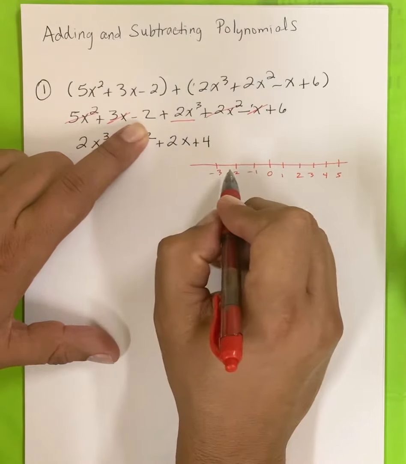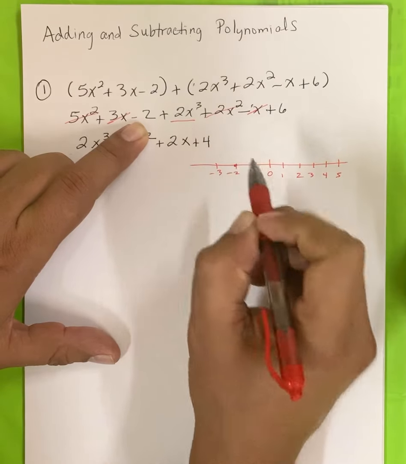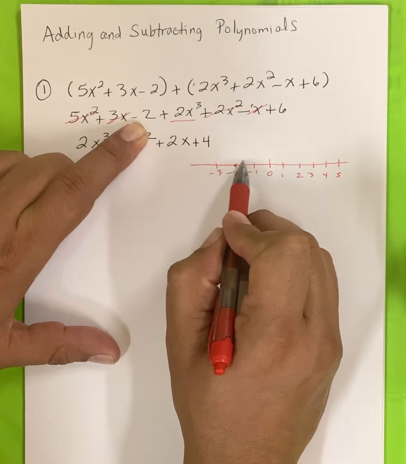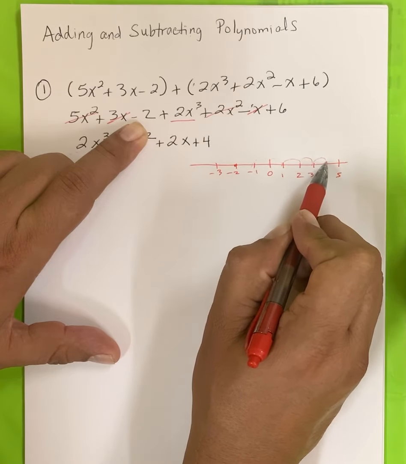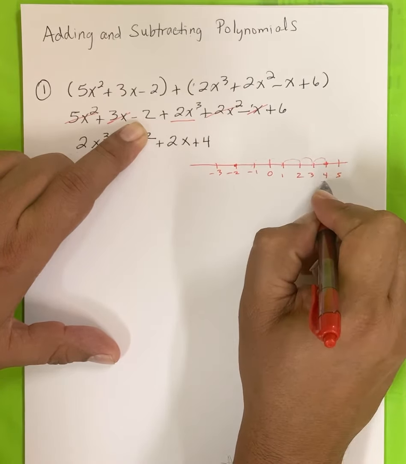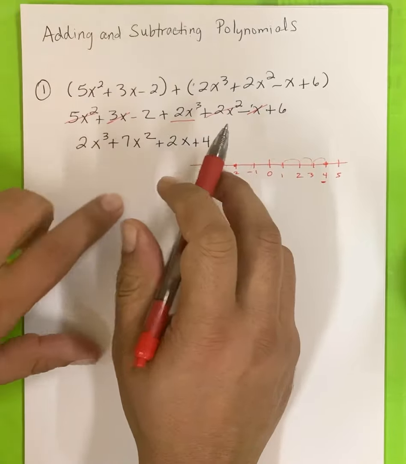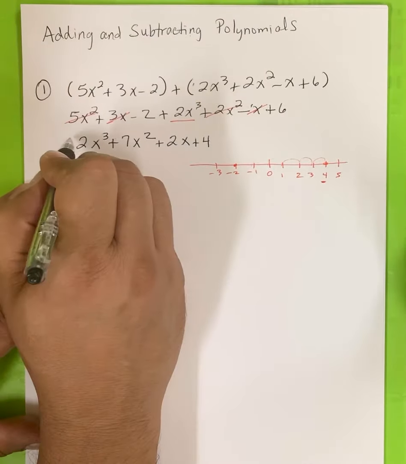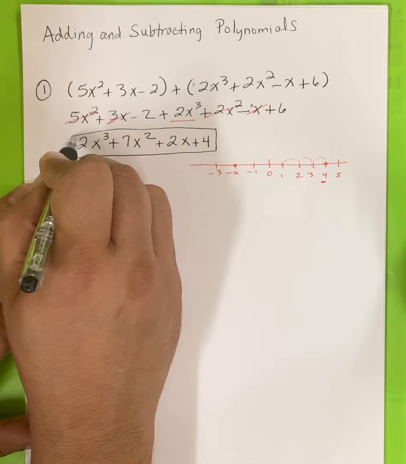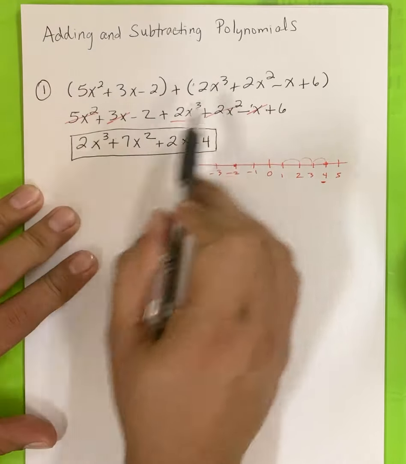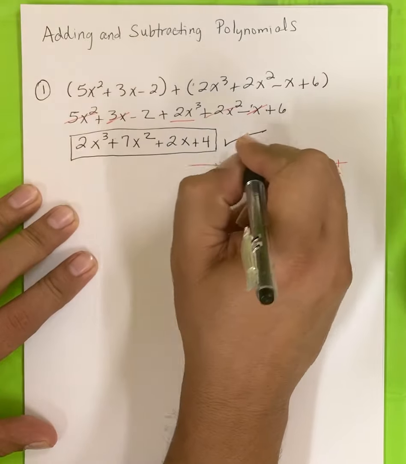If we have negative 2 plus 6, it'll be 1, 2, 3, 4, 5, 6. So it gave us 4 right here. That's why it's 4. So this right here is the correct answer to this polynomial.